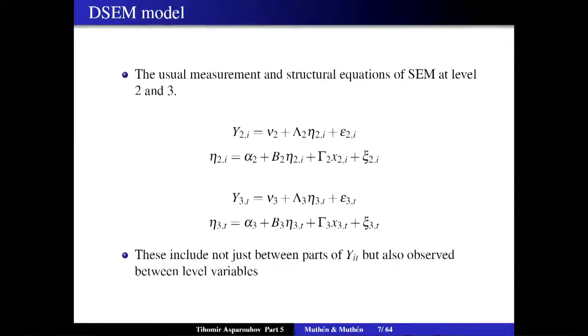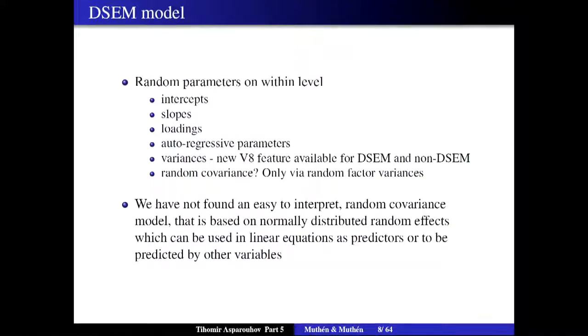Also note that here we can use observed variables on these levels, such as time invariant individual level variables, or time specific variables that are individual invariant. And the same thing applies for covariates. And here also we have latent variables on both levels.